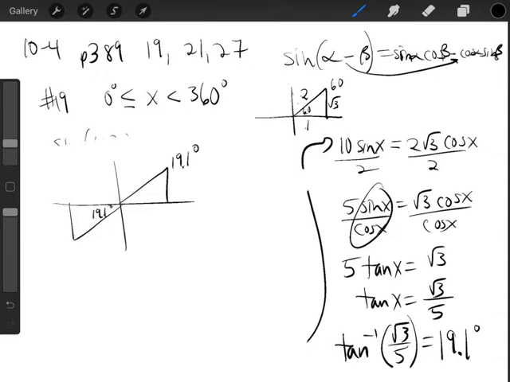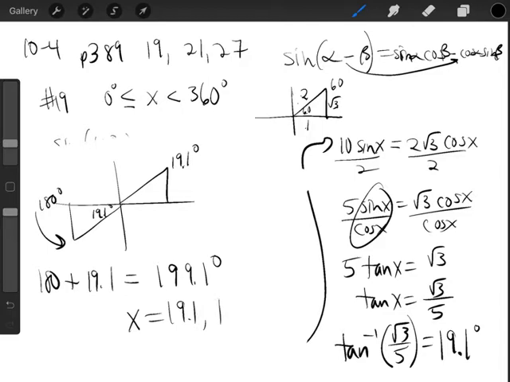So if the reference angle is 19.1 degrees and this is 180 degrees, I'm going to take 180 and add 19.1. I'm going to get 199.1 degrees. So those are our 2 answers for x, 19.1 and 199.1 degrees. So if you need to stop that, take a look at it again, that would be great.